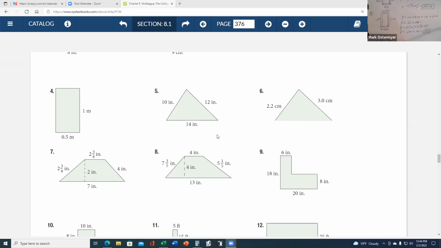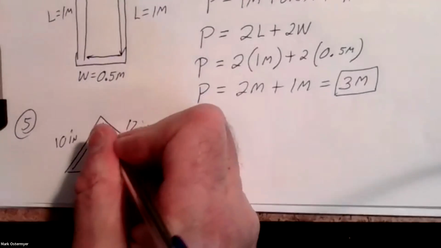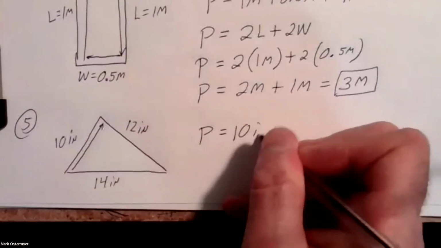Well, the perimeter of a geometric shape is the total distance around the shape. And so they give us the lengths of all three sides of this triangle, and they want us to compute the perimeter. So if we walk around this triangle, how many inches will we have walked around? We walk from here to here, that's 10 inches.